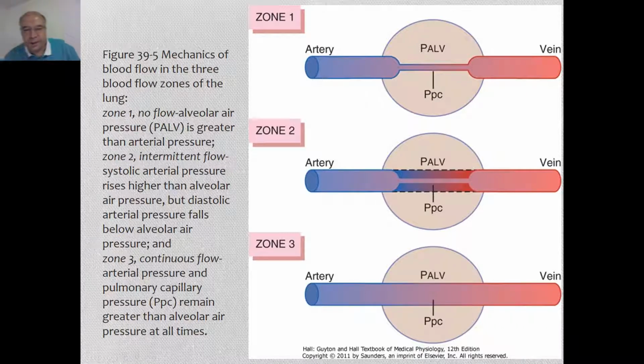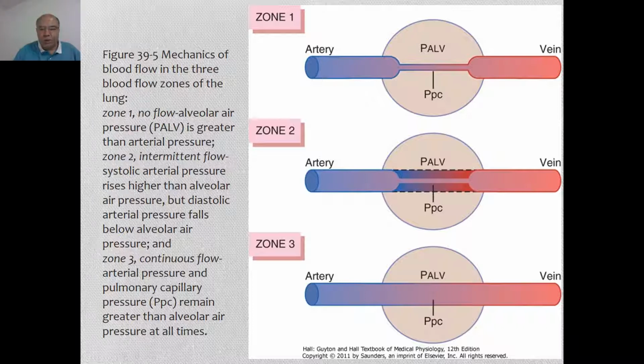On the other hand, in zone 2, by each systole, only during the systolic phase of the cardiac cycle, the blood can move to the other side. So the blood can be oxygenated from time to time, not in the diastolic phase, but only during the systolic phase.